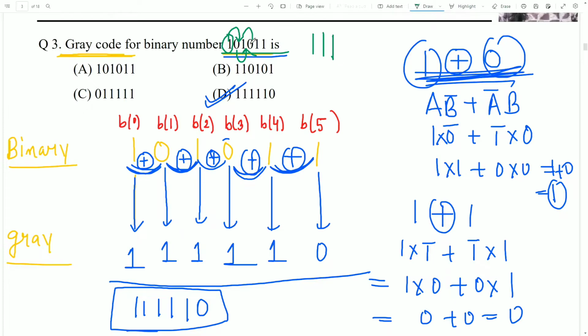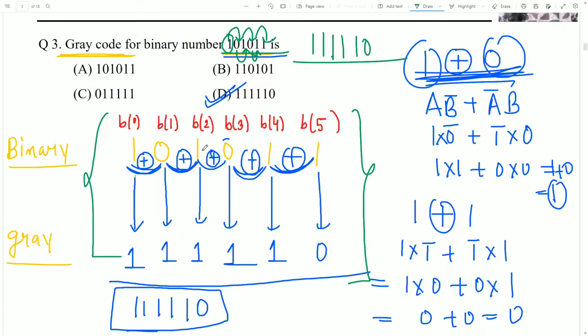After that, you will get 1, then 1, and then 1 and 1, you will get 0. So once you are confident with the concept of this conversion, no need to go through the complete process or write in such a manner; you can find your answer directly. So this will be your answer. Fine.